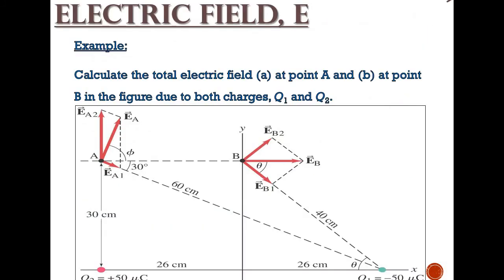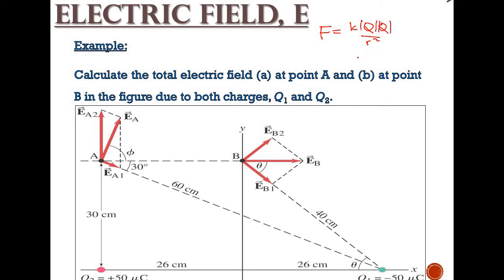You can try this question at home: find the electric field at point A and at point B. The concept of calculation is the same as for the electric force, but the formula is different. For the electric force, the formula is F equals kQQ over r squared, and we need to take the modulus.